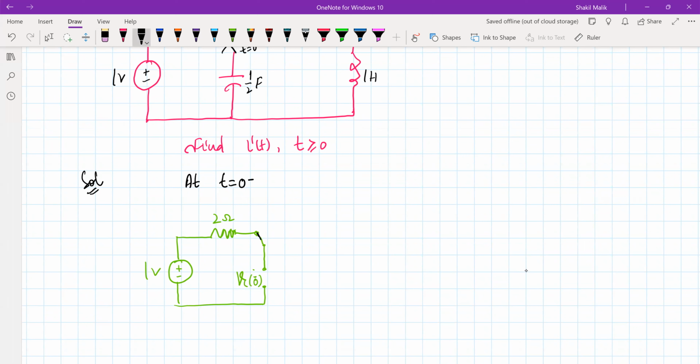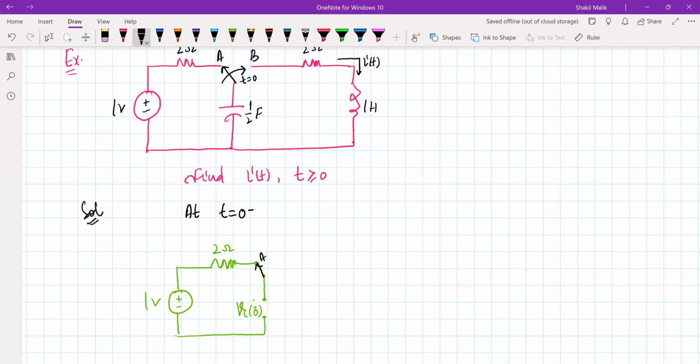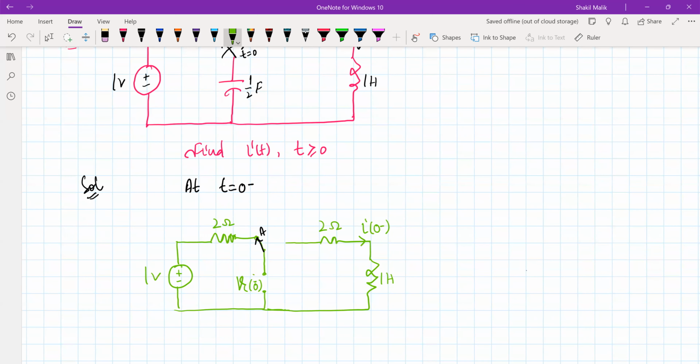The switch is connected to position A. Now the remaining portion of the circuit is here. This is the 2 ohm, this is 1 Henry, and this is i(0 minus).